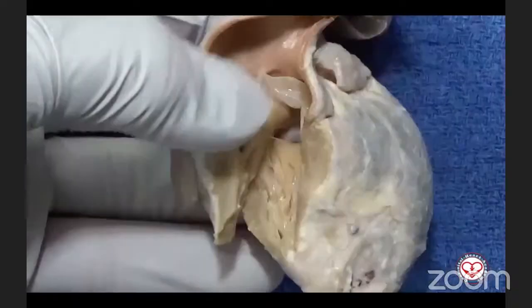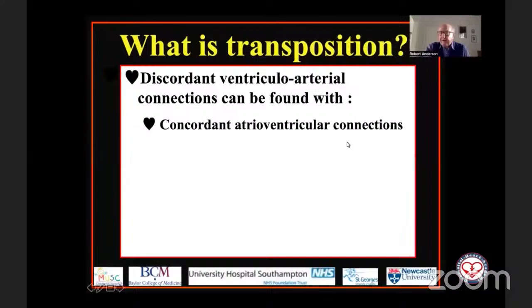So what you've now seen is transposition having discordant ventricular-arterial connections with concordant atrioventricular connections, yet an example in which, despite the aorta arising from the morphologically right ventricle with usual atrial arrangement, the aortic root was left-sided relative to the pulmonary trunk.